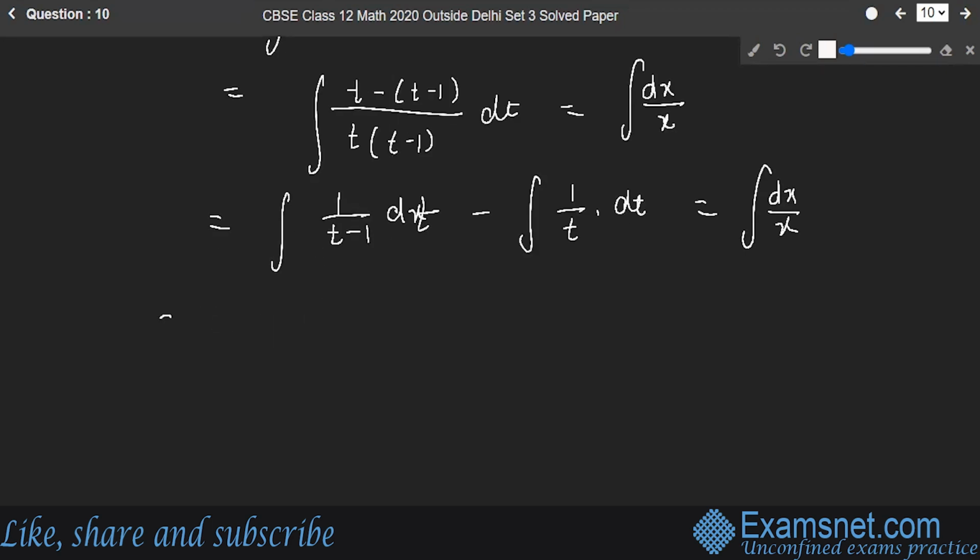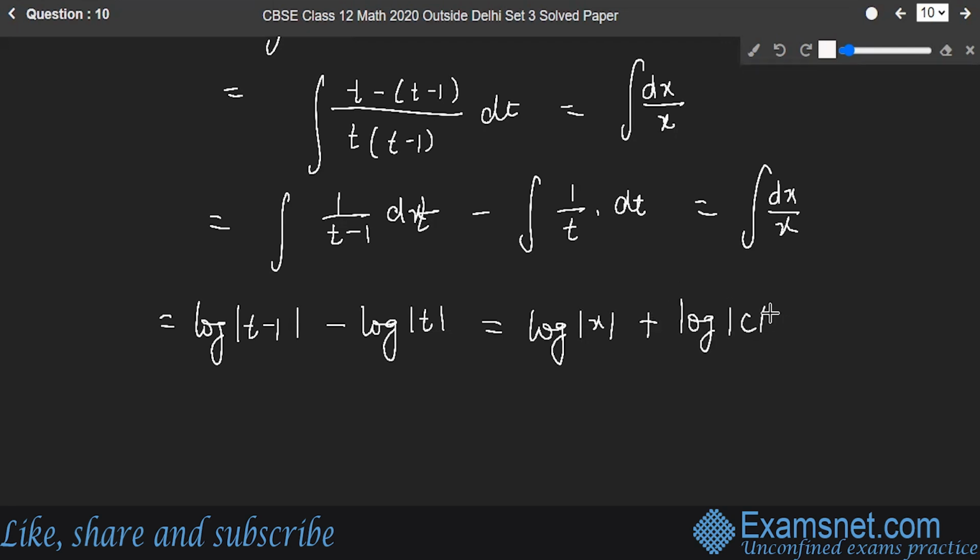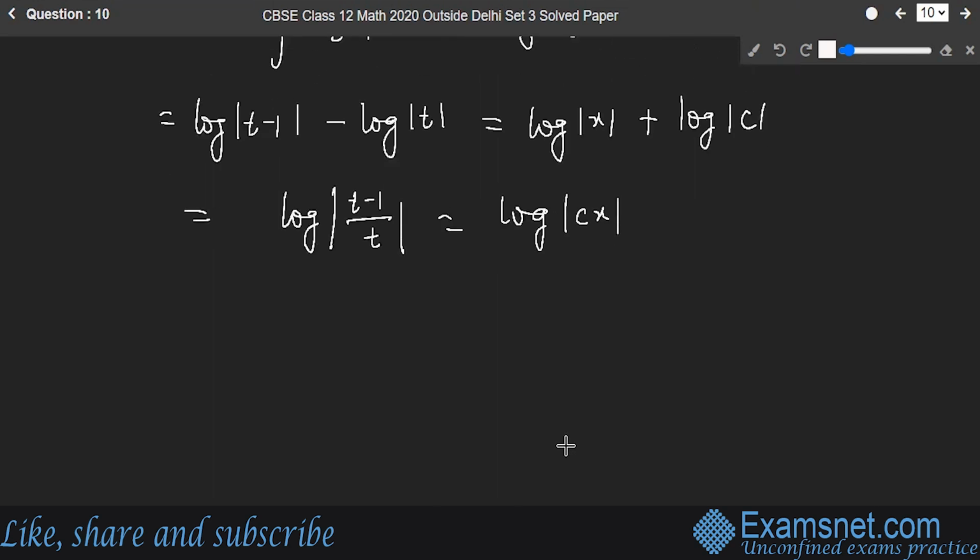So this is log of t minus 1 minus log of t is equal to log of x plus log of c, the constant. This is log of t minus 1 upon t is equal to log of c into x.